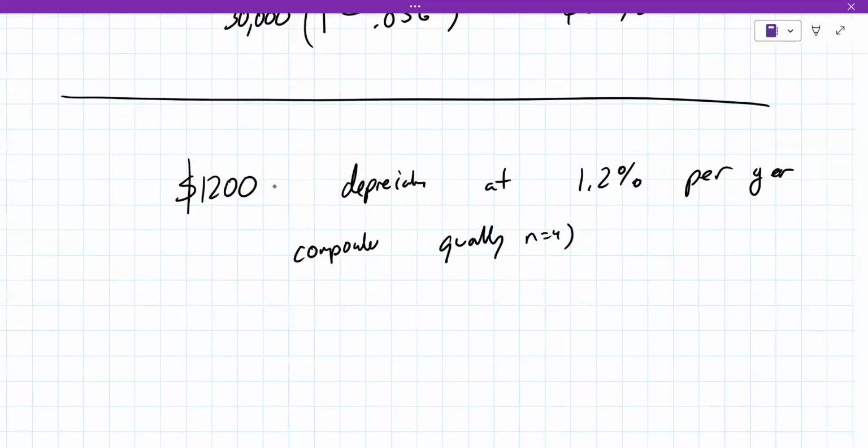So n equals 4. And we want to know the value after, we'll just say 5 years. Okay. So give this one a try on your own. I will also do the calculation. We'll see what we come up with.